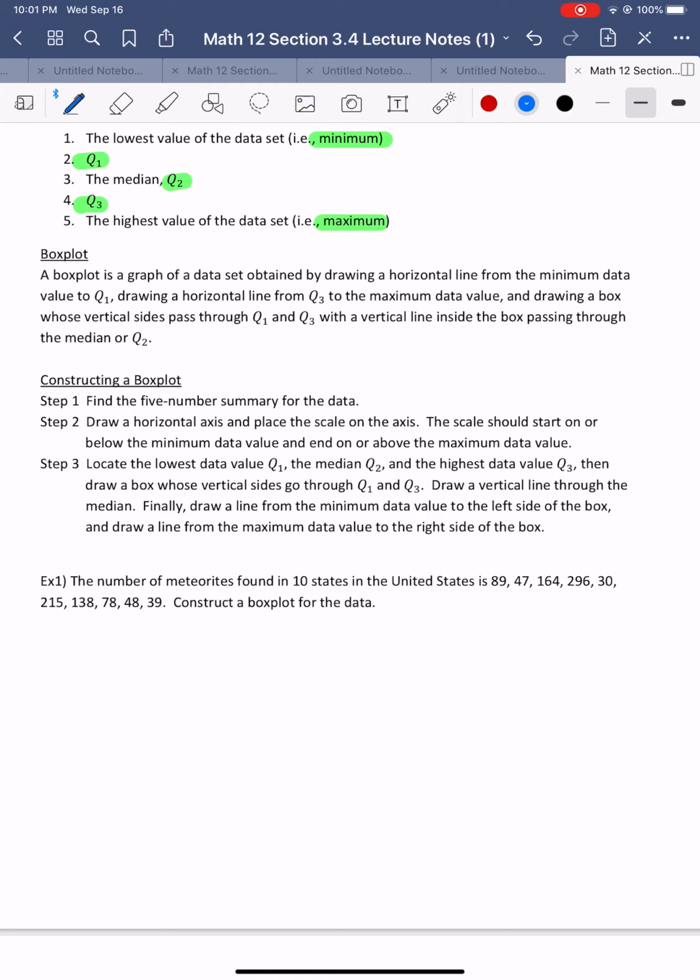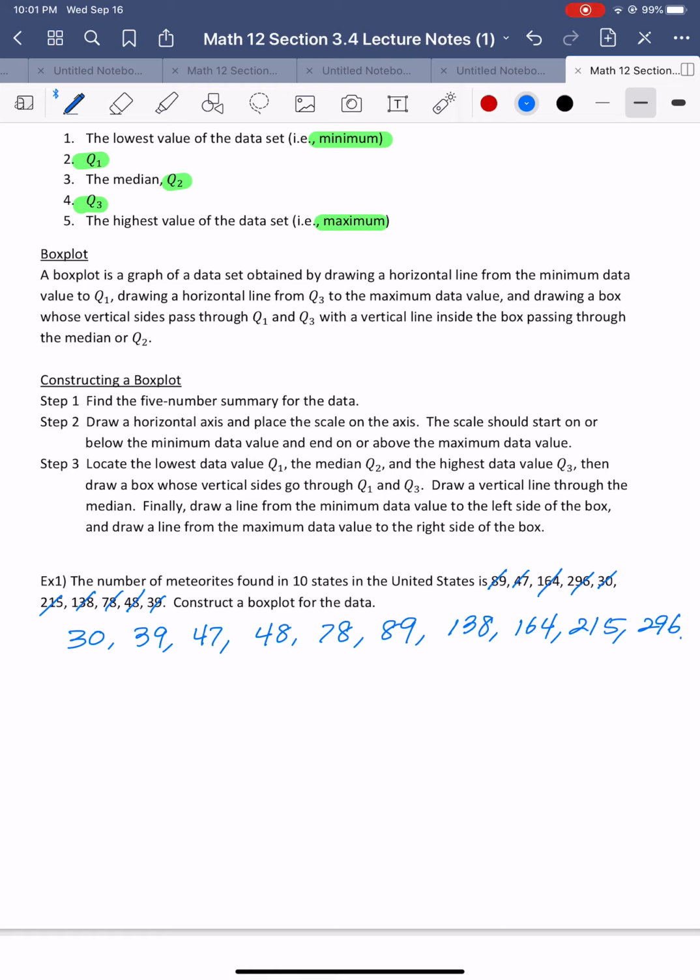Starting from 30, and then the next one is 39, and after 39 there's a 47, after 47 there is a 48, and then after 48 there's a 78, after 78 there's an 89, after 89 there's a 138, after 138 164, 215, and then 296. Okay, so that's all.